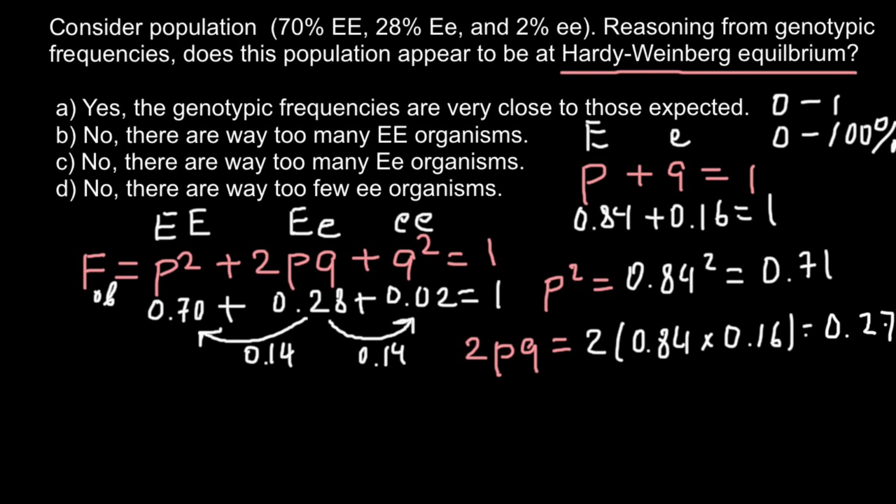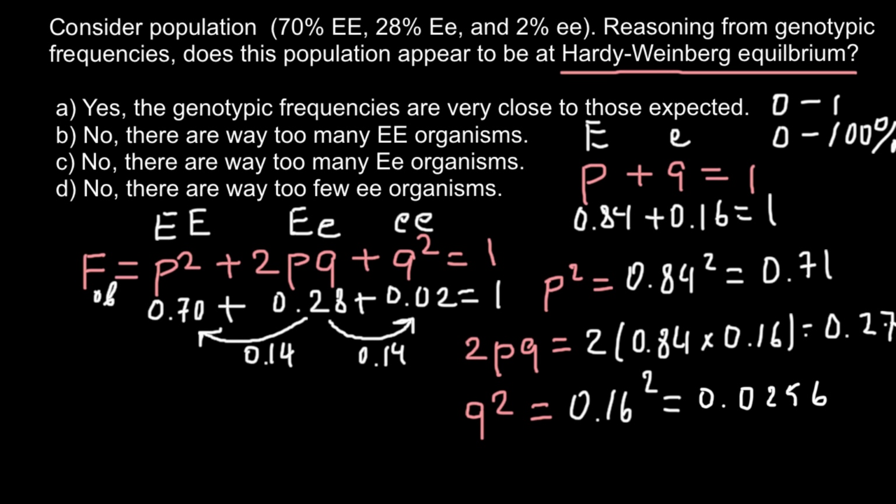0.27, and the last calculation would be, we have to find the expected frequency of the homozygous recessive genotype, so this equals q squared, and we know the frequency of the recessive allele e in this gene pool, that equals 0.16, so we have to square this number, and we are going to get here 0.0256.